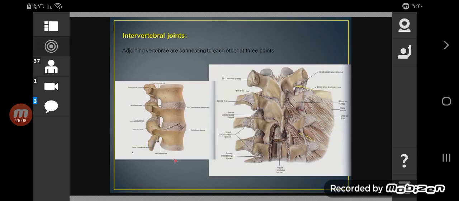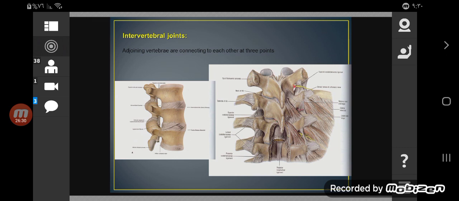and another joint between two adjacent vertebrae is the zygapophysial joint, this one. This joint is a plane synovial joint between two articular processes.